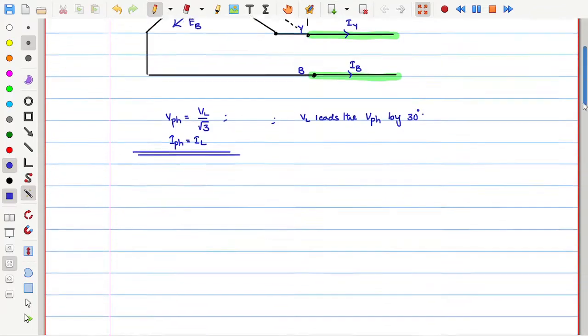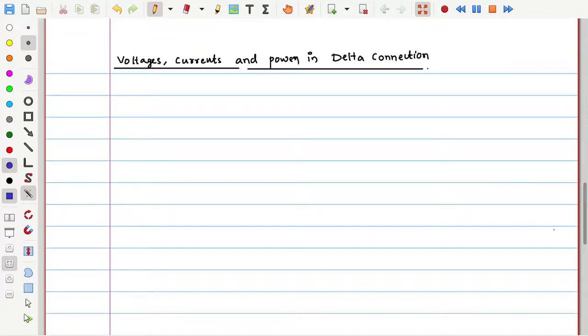Now let us see today the delta configuration and the phasor relationship between voltage currents of the phase and line voltages and phase and line currents. Okay. So first let me take the generator side, then let me proceed further. So let us say, here I have a three phase generator which are connected in delta fashion, as like this.